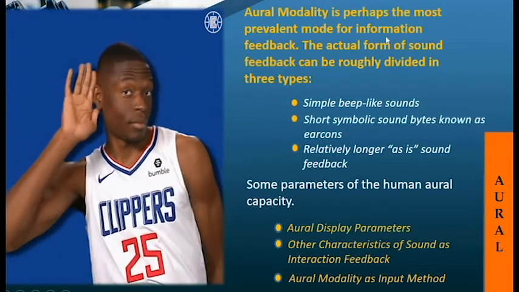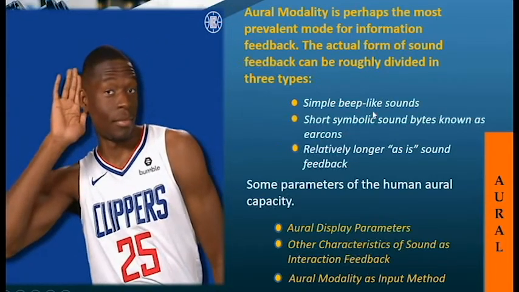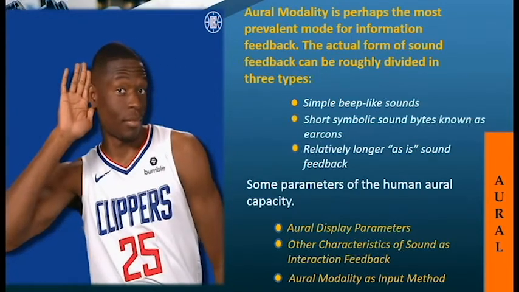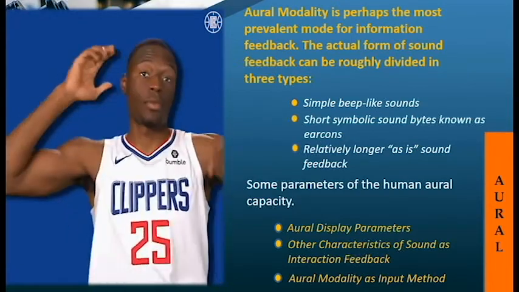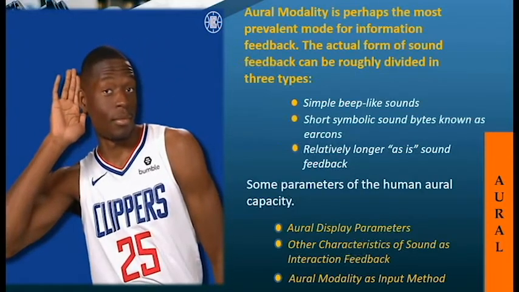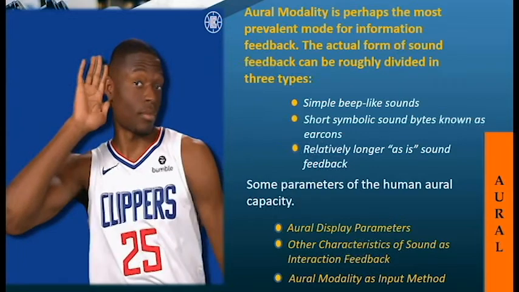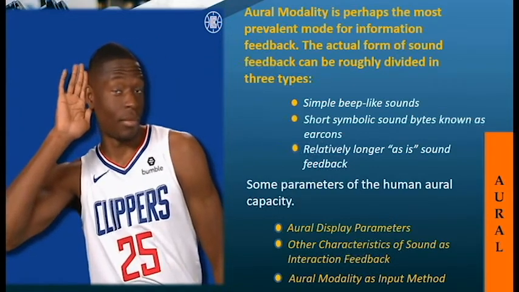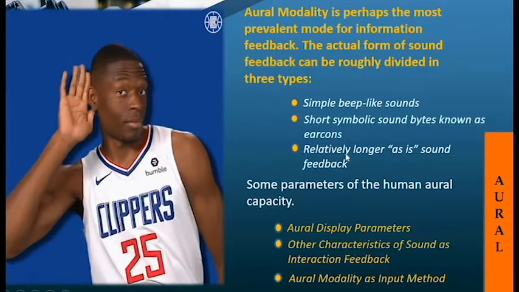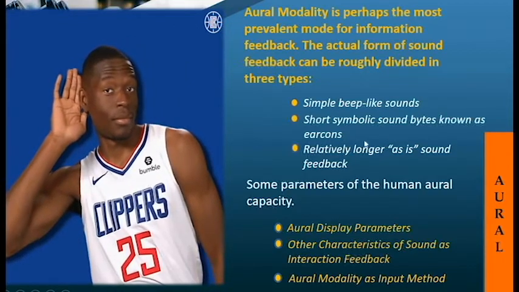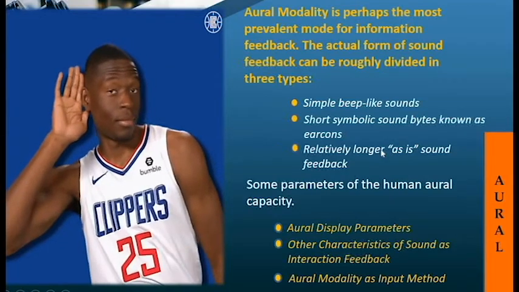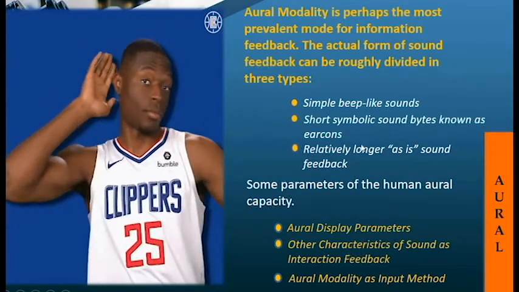First is simple beep-like sounds. Then we have some short symbolic sound bites known as earcons, for example, the paper crunching sound when a file is inserted into the trash can for deletion. Then we have the relatively longer sound feedback that is relayed from recordings or synthesis.